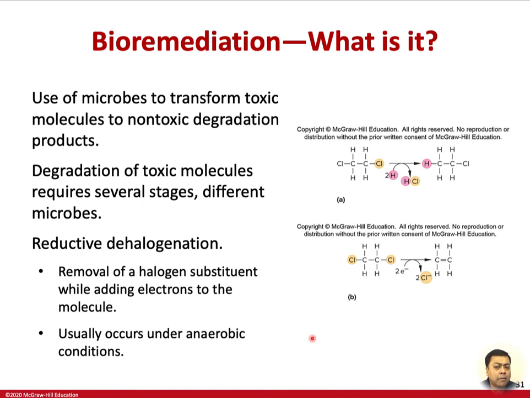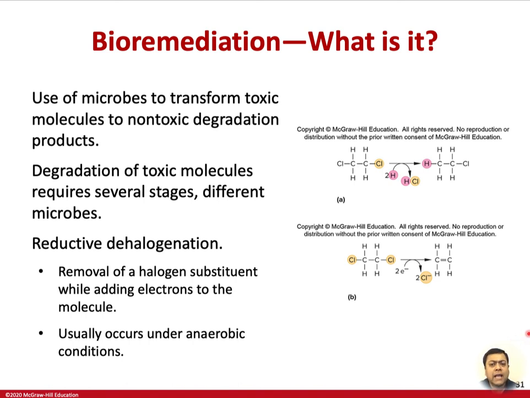These are some of the common contaminants, and removal of these contaminants from the soil and the aquatic environment is necessary. The degradation of complex compounds requires several discrete stages, and these are usually performed by different microbes.